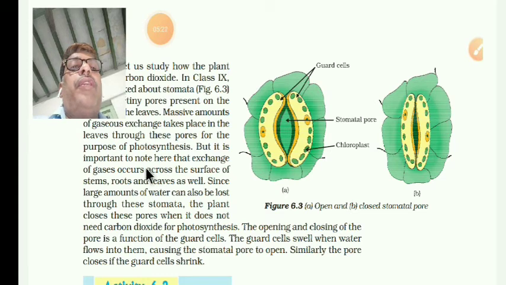But it's important to note that exchange of gases occurs across the surface of the stems, roots and leaves, not only in the stomata of leaves.